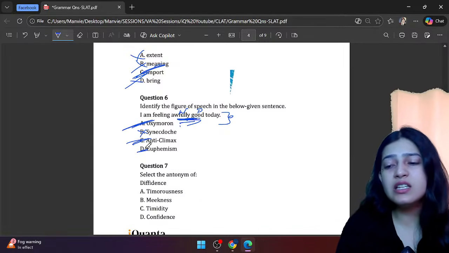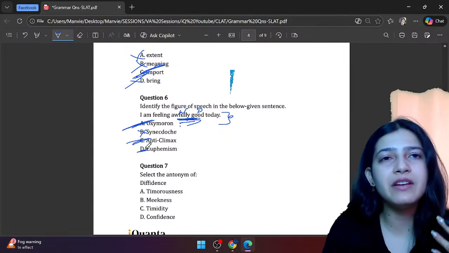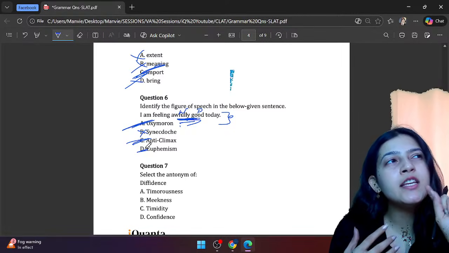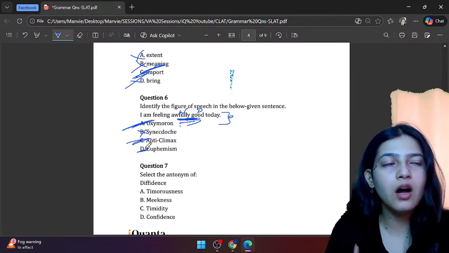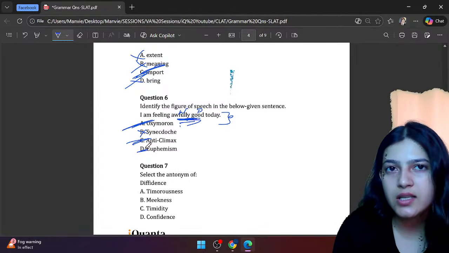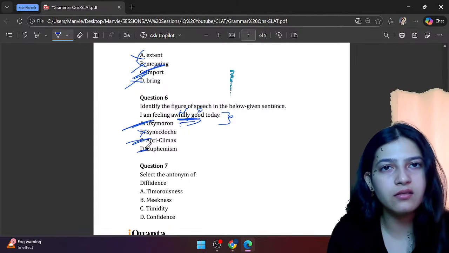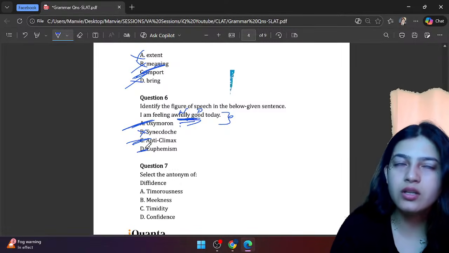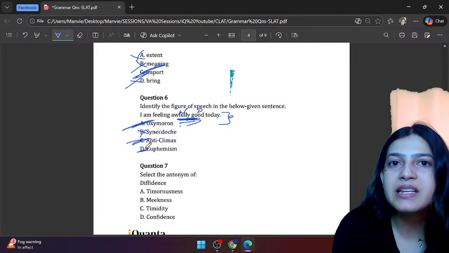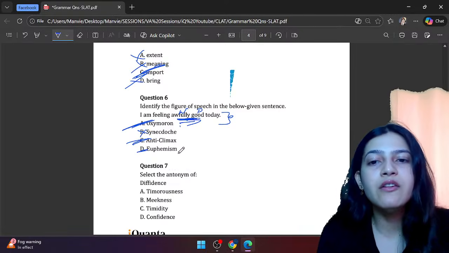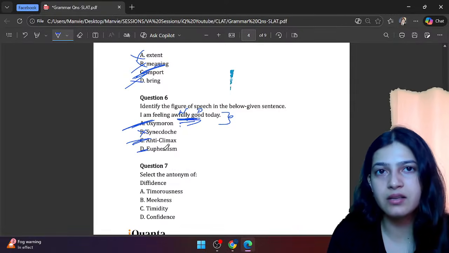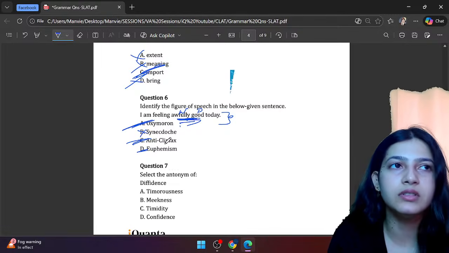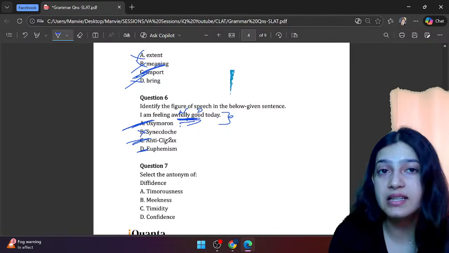Euphemism basically is when you try to be very polite. जब आप बहुत politely बात करते हैं, you actually replace a few words, a few sentences by some polite words. मतलब polite replacement होता है euphemism. For example, if somebody dies, right? In general, a sentence would say that somebody died, or somebody is dead.